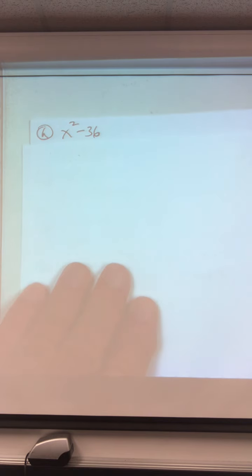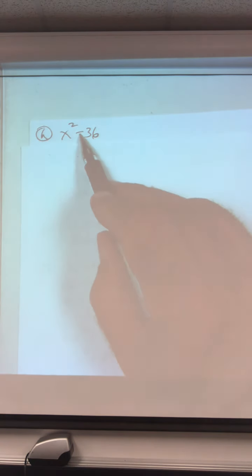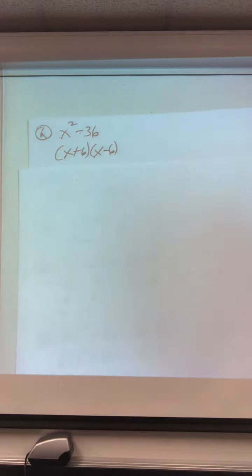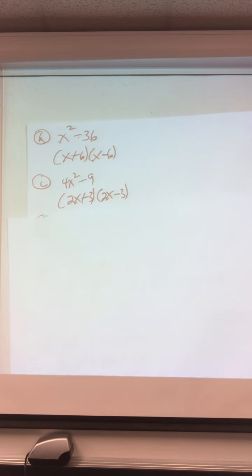X squared minus 36, it's a binomial. There's no GCF, but this is the difference of two perfect squares. So x squared is x times x, 36 is 6 times 6, one's a plus, one's a minus. Same thing here, binomial, no GCF. Is it the difference of two perfect squares?